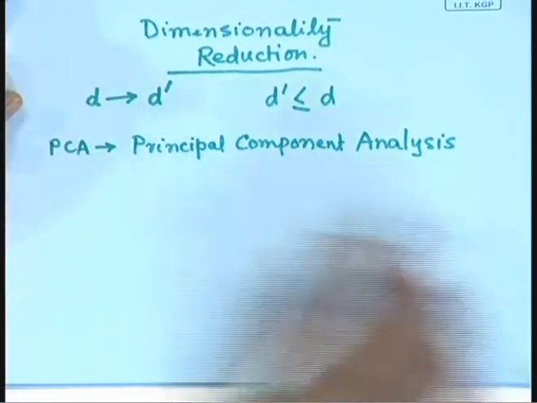The principal component analysis, or PCA approach, is that you try to project your higher dimensional feature vectors onto a space of lower dimension in such a way that in the lower dimension, whatever projected feature vector I get, that best represents the original feature vector that I have projected.